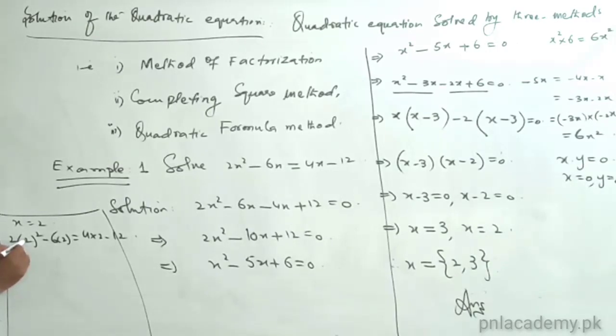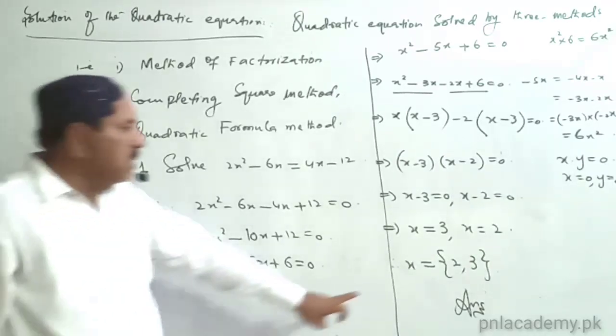So 2 square is 4, 2 fours are 8, minus 2 sixes are 12, equals 4 twos are 8 minus 12, 8 minus 12, minus 4 is equal to minus 4. Both sides are equal to each other, so value 2 is true.